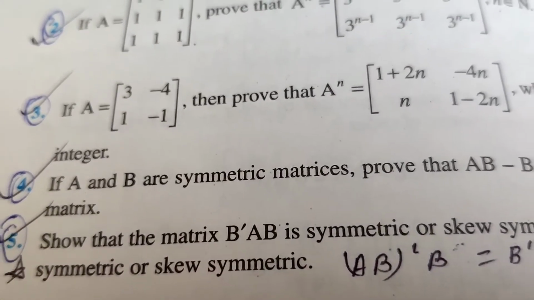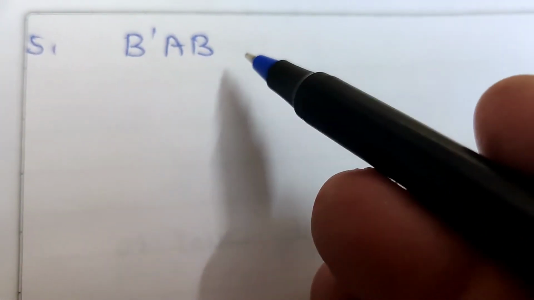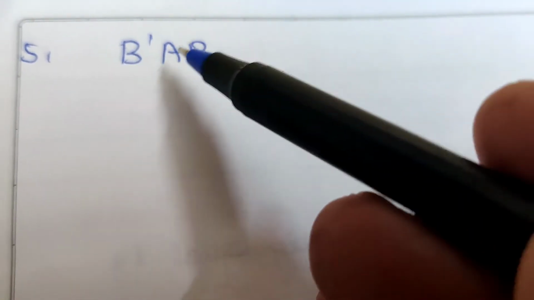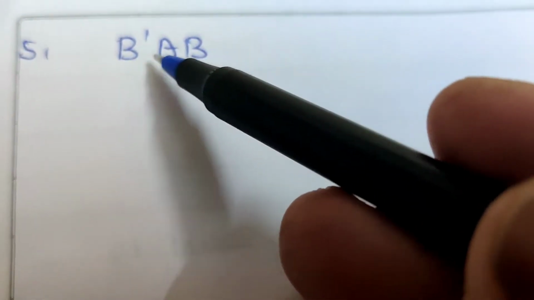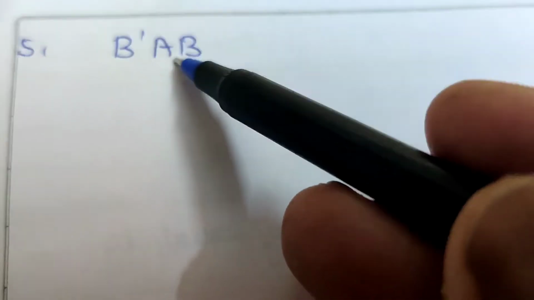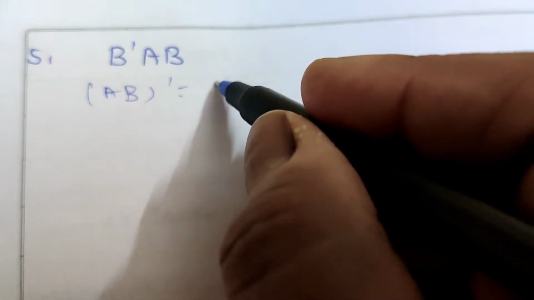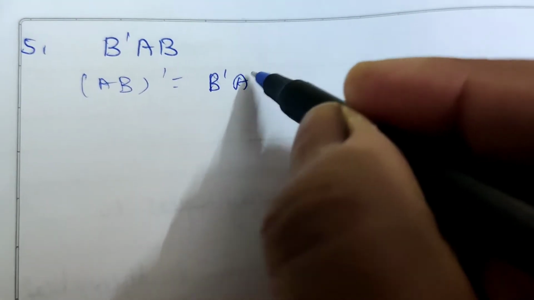Okay, according to the A. Now B dash AB is symmetric if A is symmetric, B dash AB skew symmetric when A is skew symmetric. Now first use the property: transpose of AB equal to transpose of B into transpose of A.